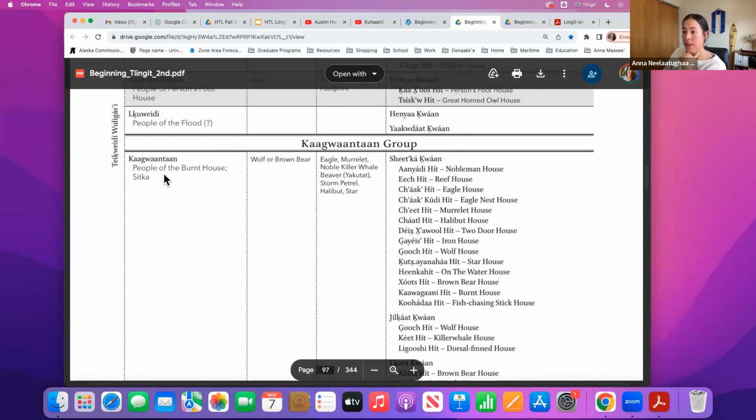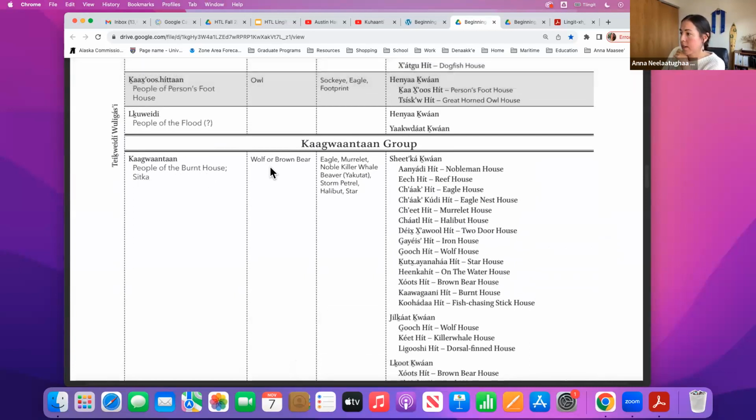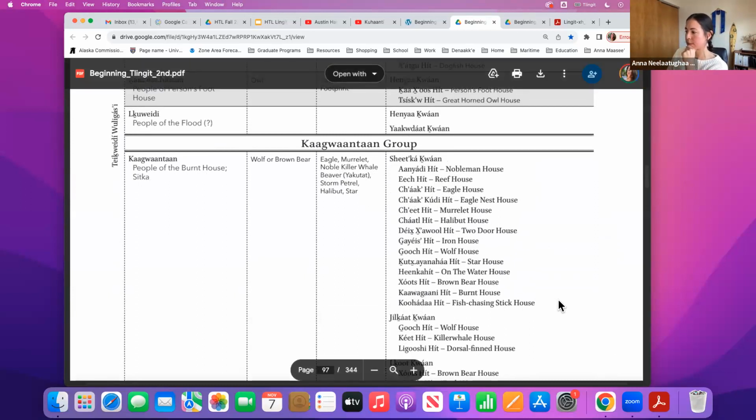And we have Kaagwaantaan, People of the Burnt House, Sitka. Primary crest, wolf or brown bear. Secondary crest, eagle, murrelet, noble killer whale, beaver and Yakutat, storm petrel, halibut, and star. And then we have the houses. So within the clan, you can have different houses and you can be from a specific house.